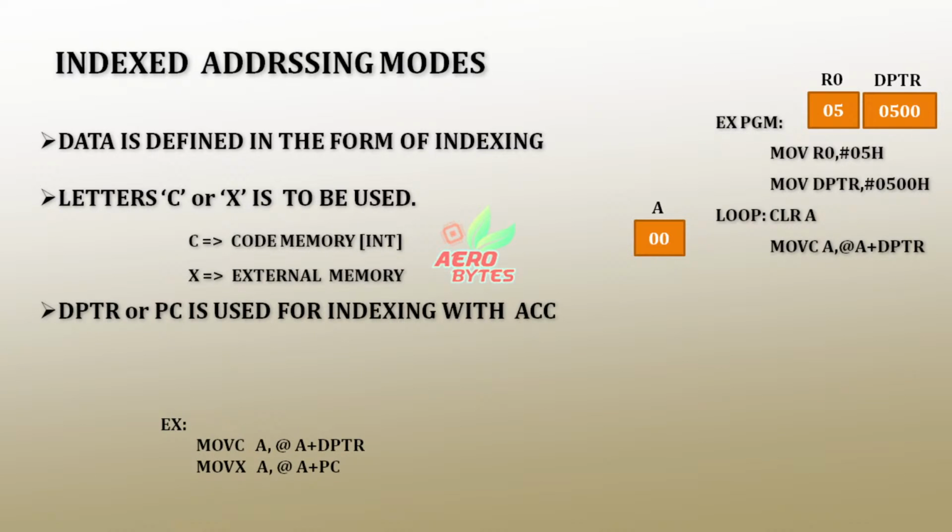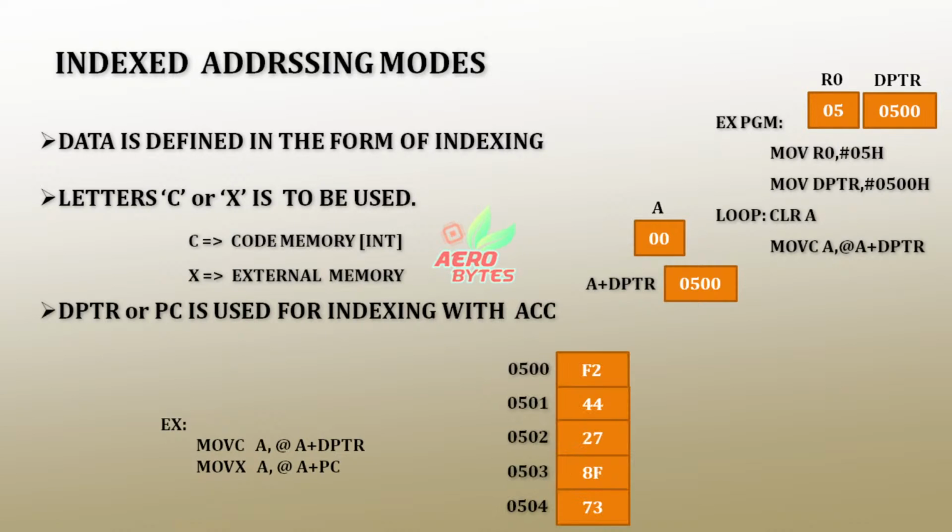What is A plus DPTR? A content is 0, DPTR content is 500, so A plus DPTR is 500. It is taken as an address because the @ symbol indicates an address.